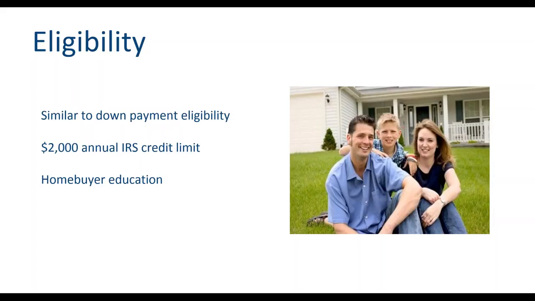We obviously clarified the $2,000 annual tax credit limit. That's established by the IRS and will not change across states, but it is every year, not total over the MCC's life. They typically will require homebuyer education, although that varies by program provider as well. So effectively, eligibility criteria for MCCs are generally similar to or the same as the down payment programs being offered by the same people that offer an MCC.